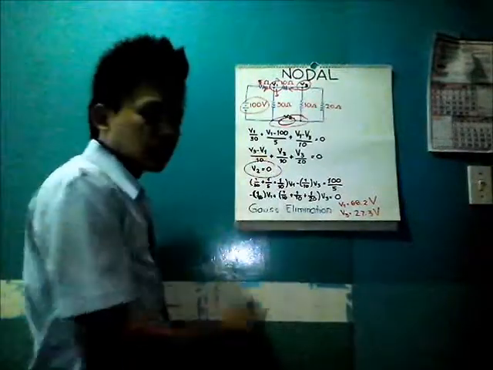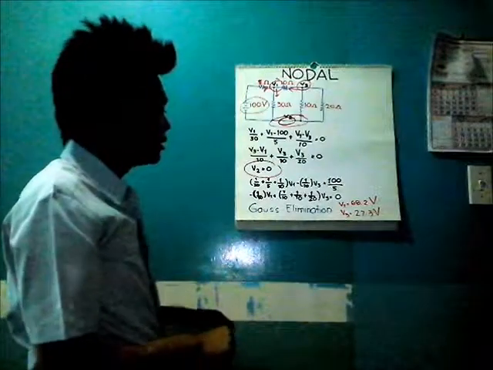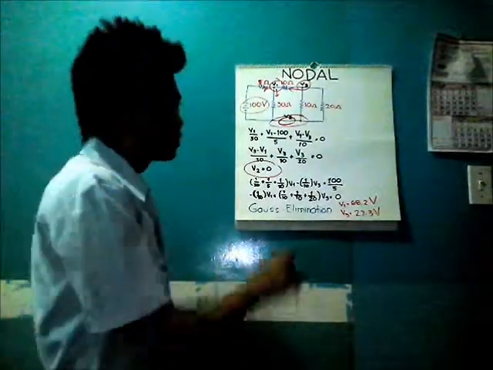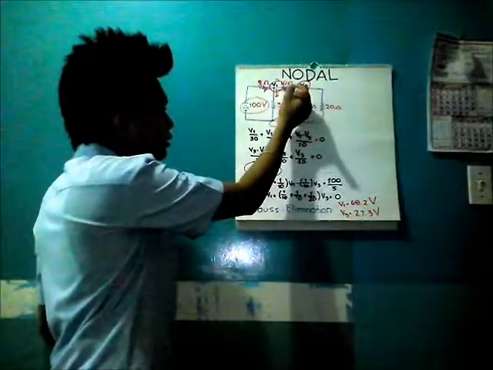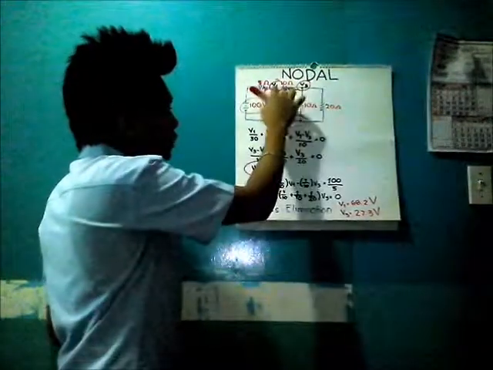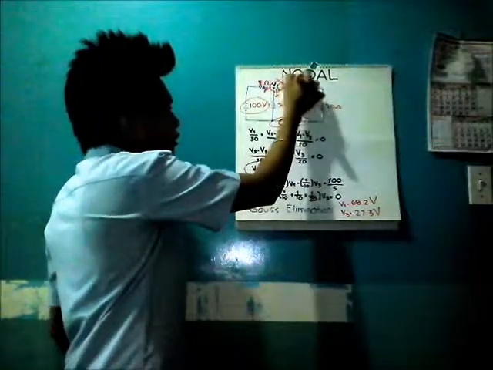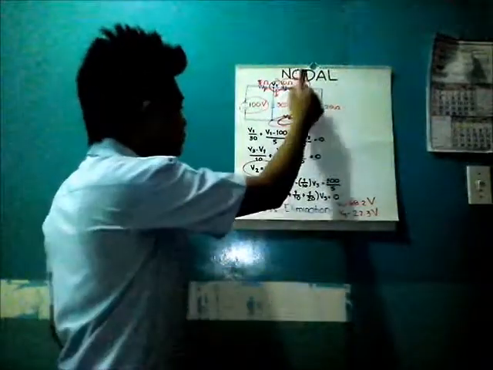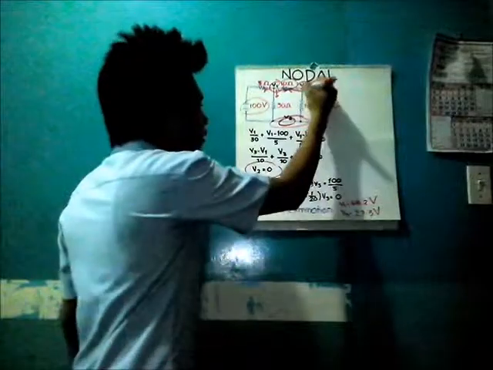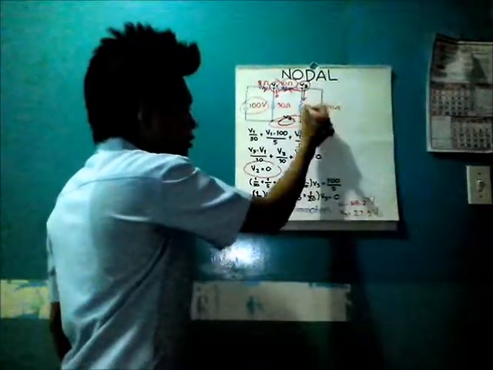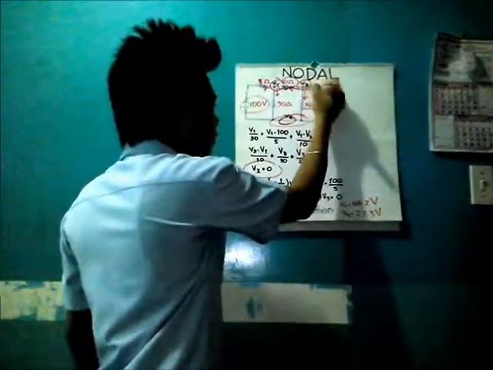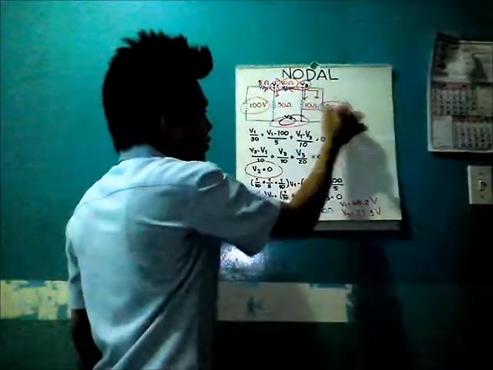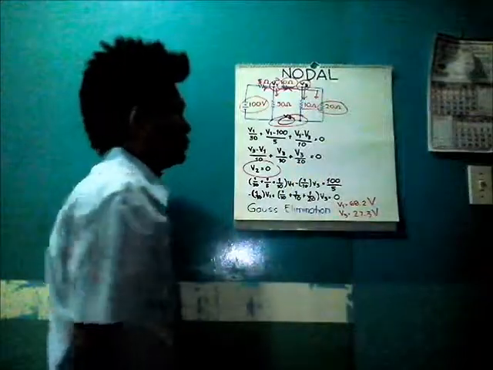And here on our voltage 3, the second node, V3 minus V1 over the resistor 10, plus V3 over the resistor 10, plus V3 over the resistor 20.